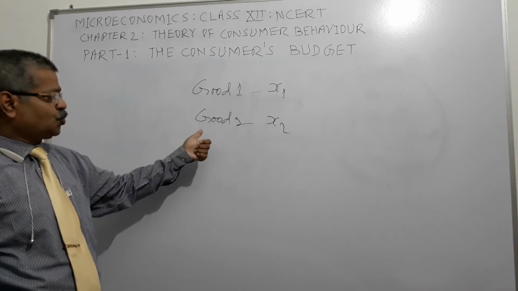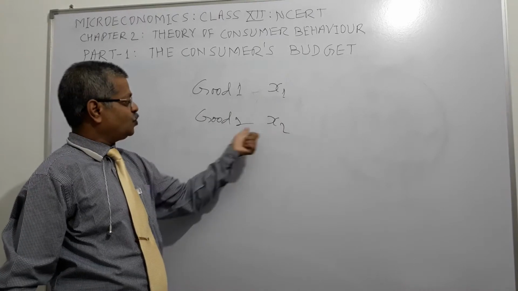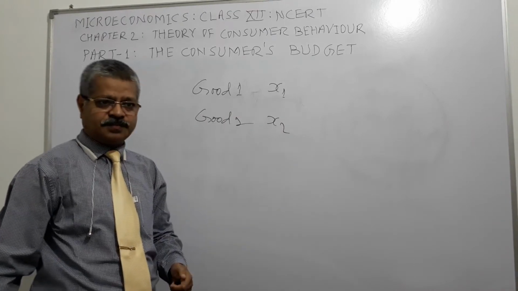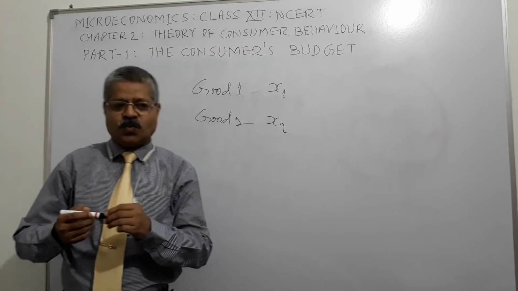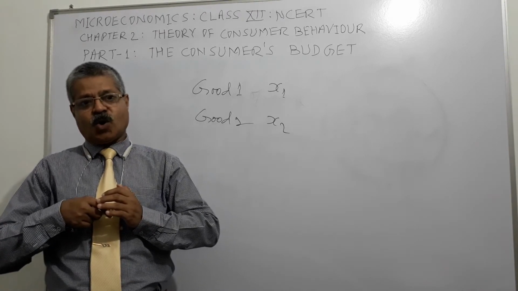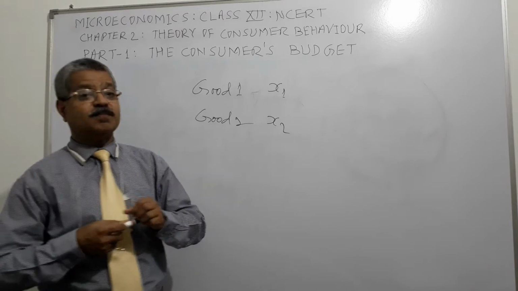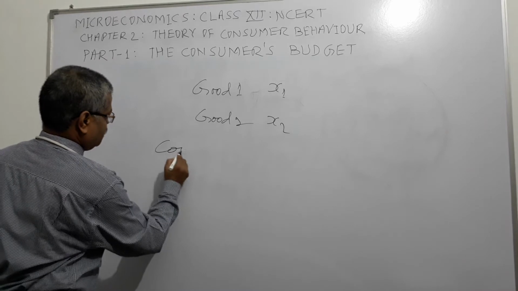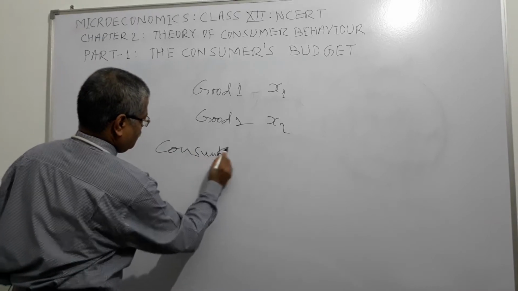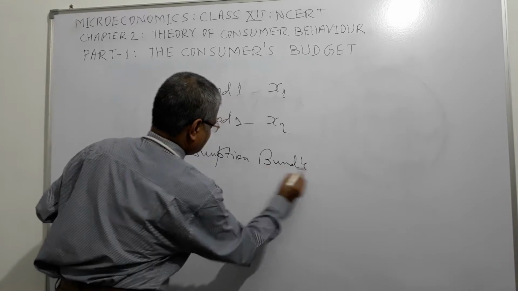The quantity of good 1 is x1, the quantity of good 2 is x2. Now, any combination of the amount of two goods will be called a consumption bundle, or just bundle.